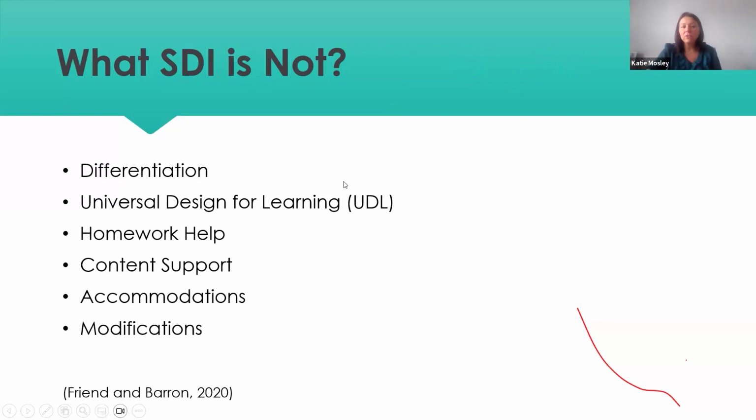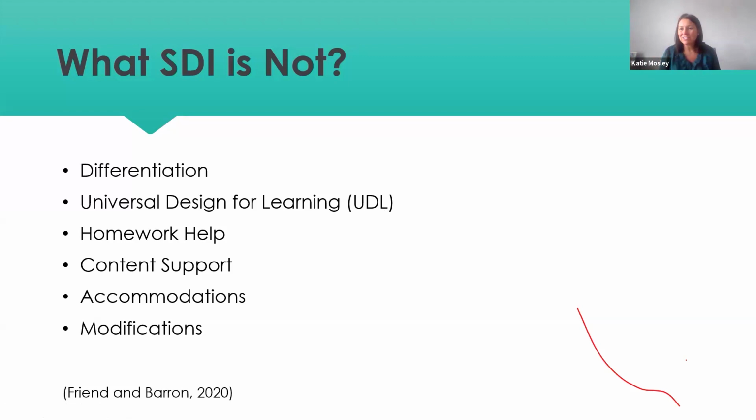It's the same thing for universal design for learning. It's also not homework help. It's not just an open resource room door to go in and get help with a problem if you have it. It is going to be taught, so it's going to be systematic. It's not just content support. So just having a paraprofessional in a classroom, that's not an example of SDI.